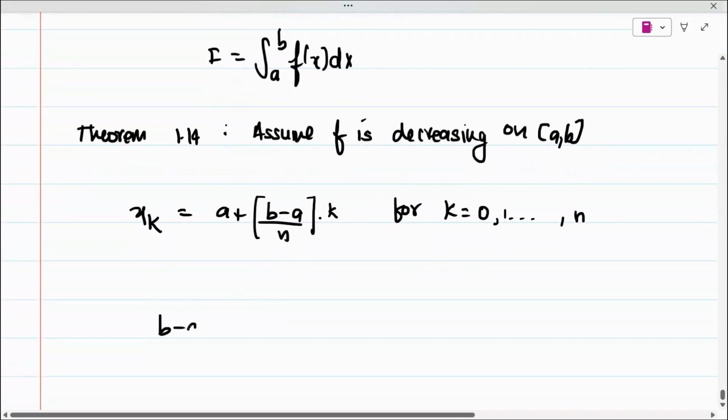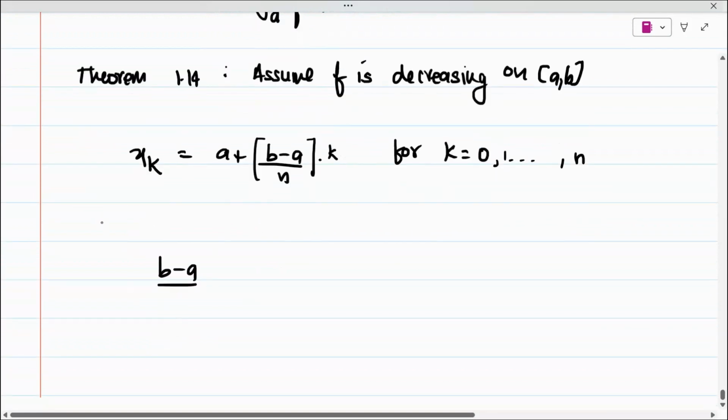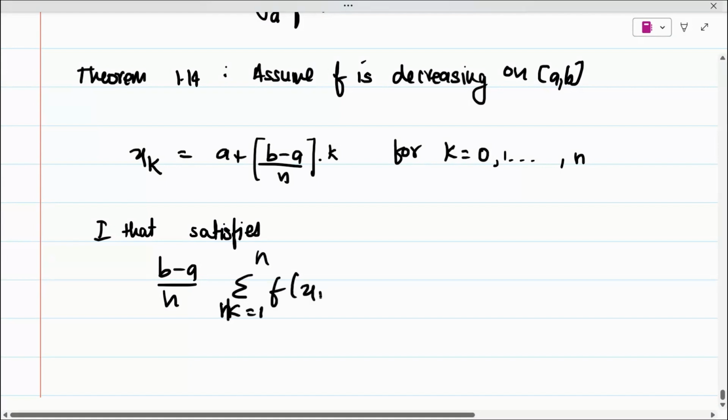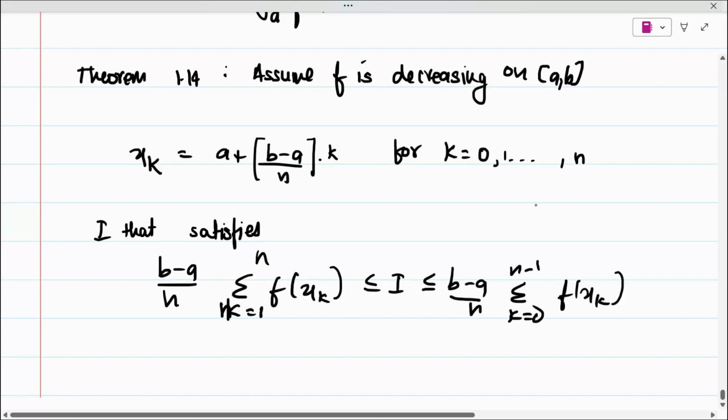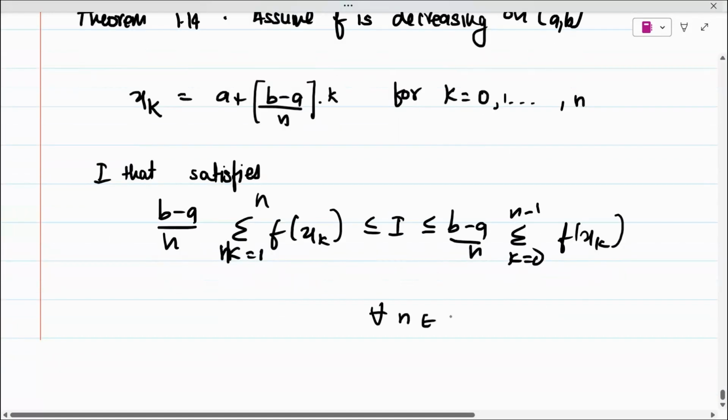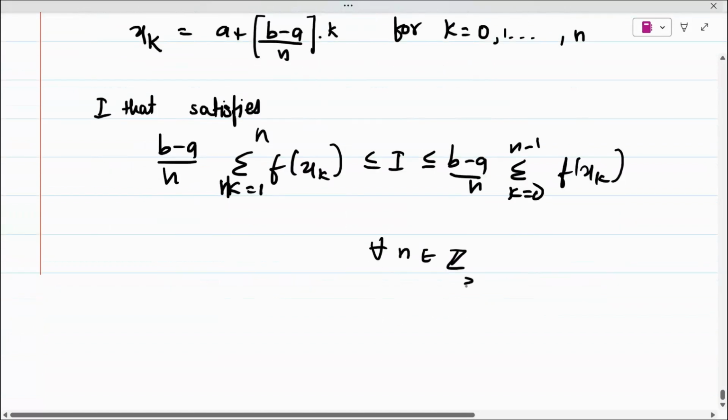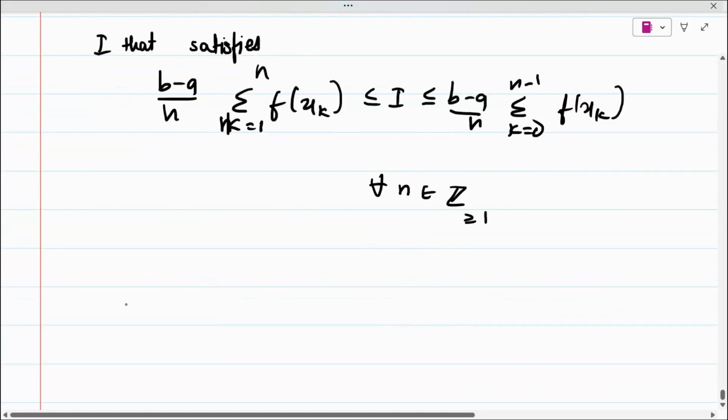Then any number I will satisfy this inequality. Just notice here it's k equals 1 to n. They just give us the index basically.